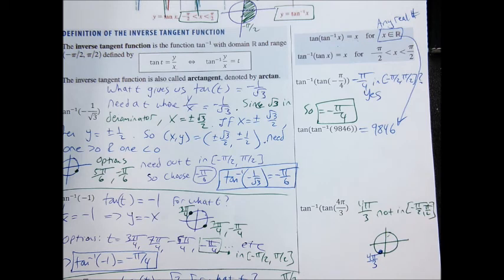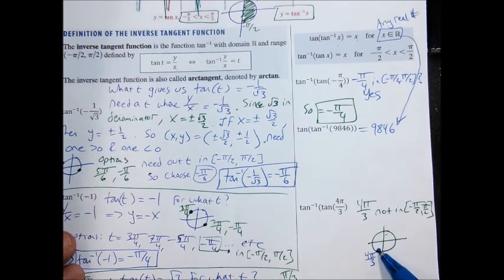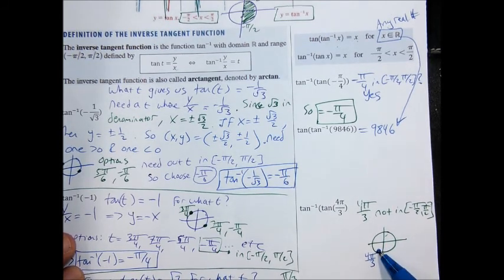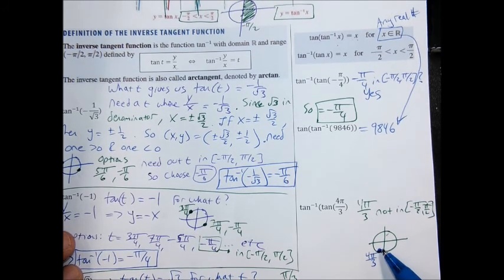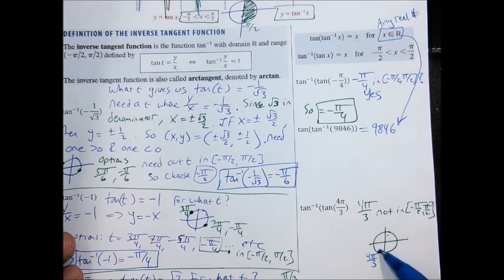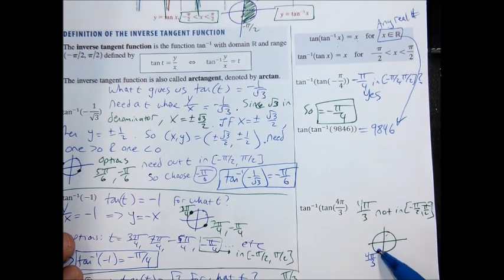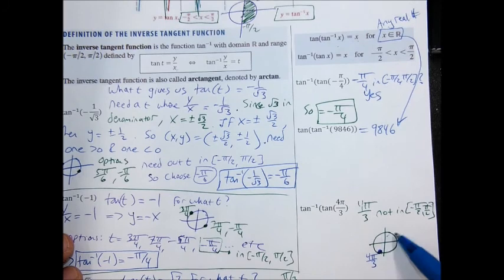And tangent divides the x and the y value, right? And so this spot right here has a negative x and a negative y. And so we want some value that, when we divide the x and the y, is going to be positive. I used the word coterminal before, I didn't mean that. I'm talking about what is something that will give us the same tangent value as 4 pi over 3, but that's on the right-hand half of the unit circle.